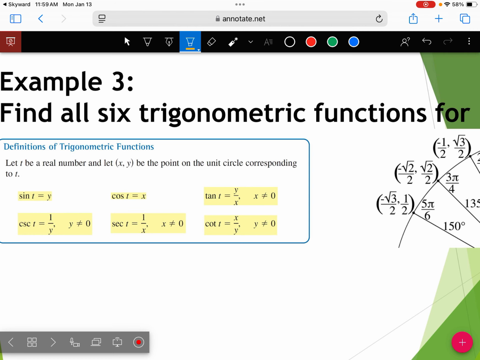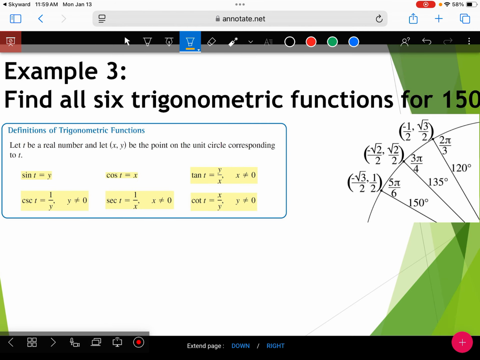All right, so let's go ahead. 150 degrees, that's right here. Remember, cosine is your x-coordinate. Sine is your y-coordinate.